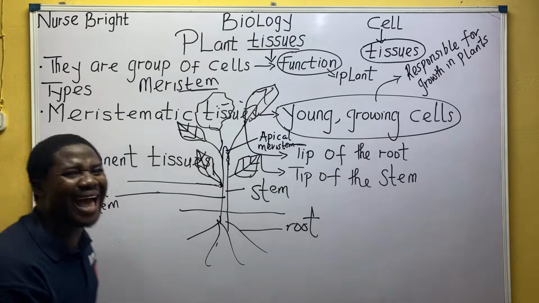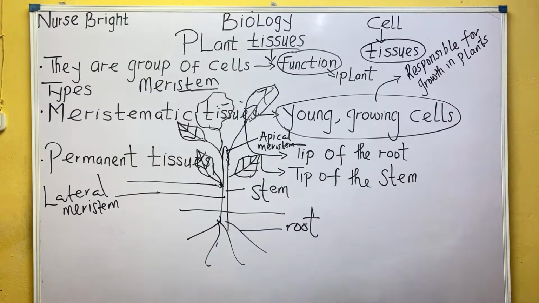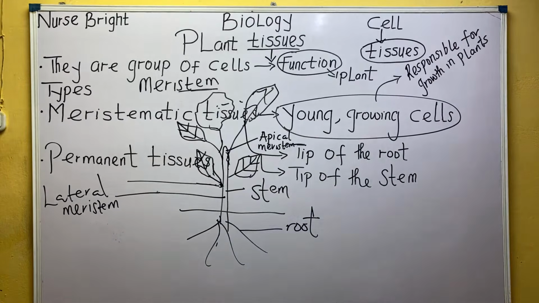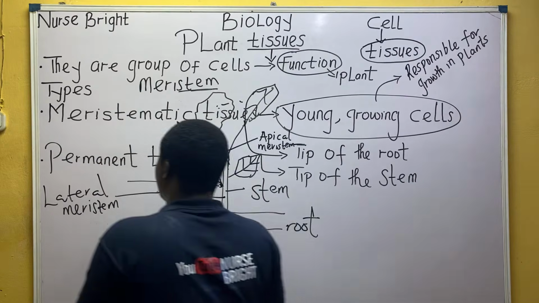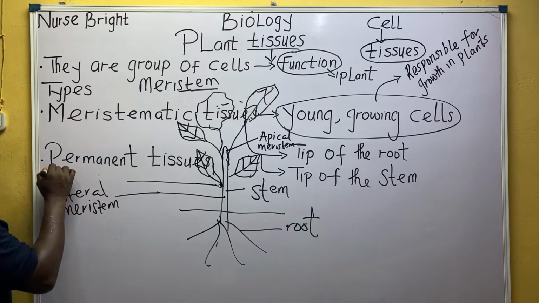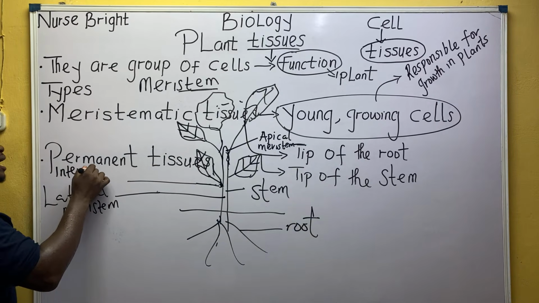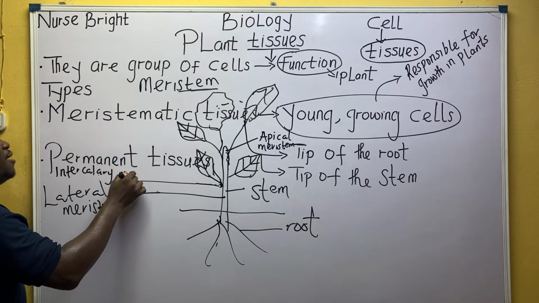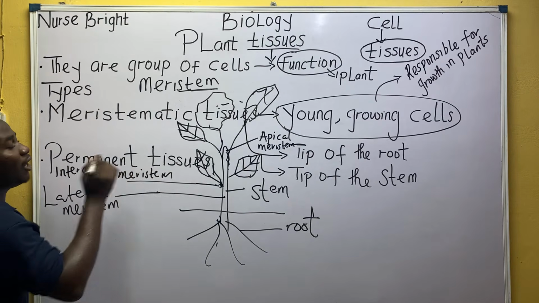While those that are found at the base of the leaf, class, hope the network is going well, we call them intercalary meristem. Are you following me?